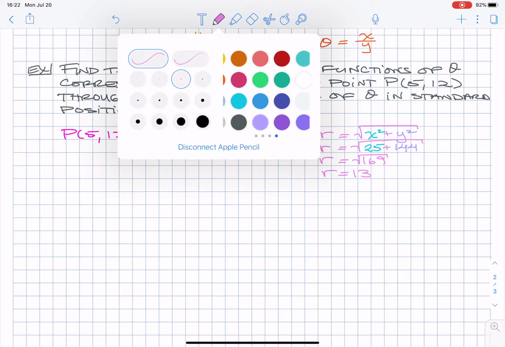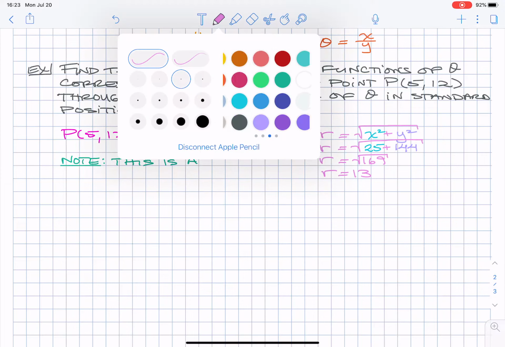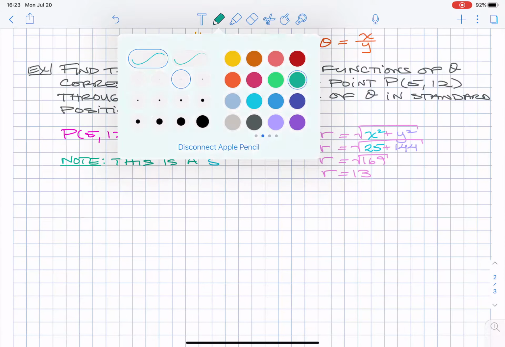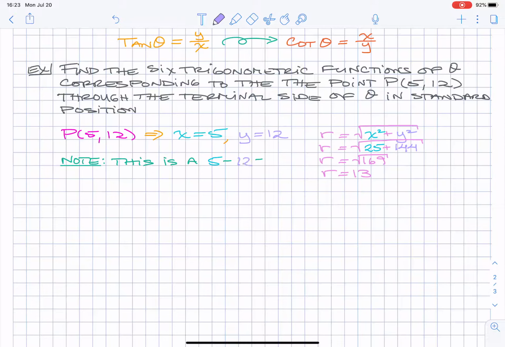So let's note, this is actually a 5, 12, 13 right triangle, and this is called a Pythagorean triple, much like 3, 4, 5. It means it makes a right triangle.